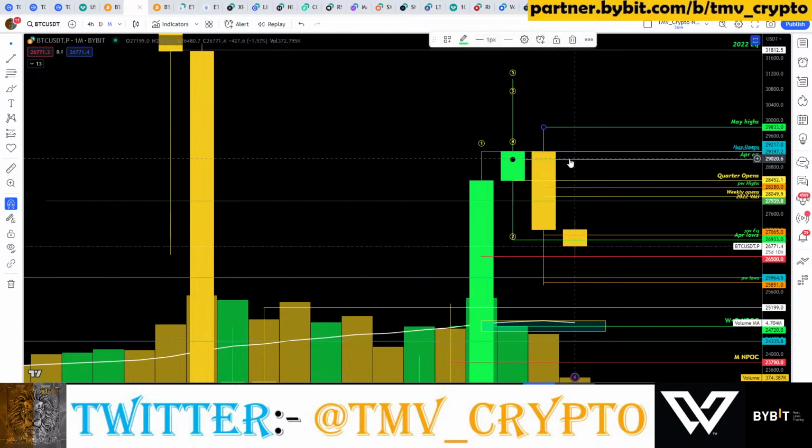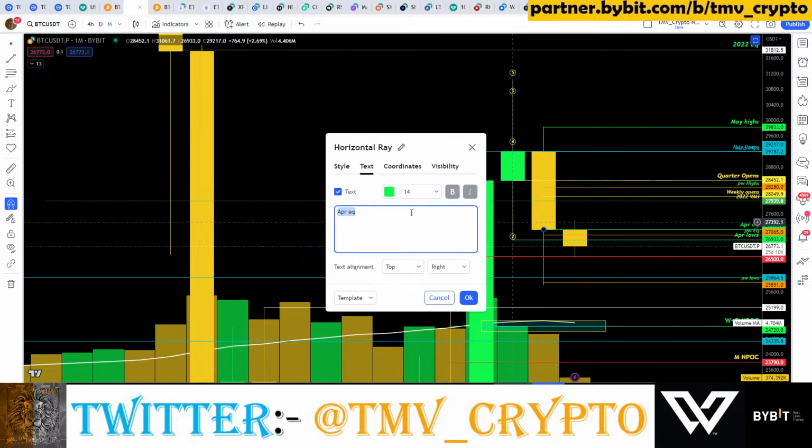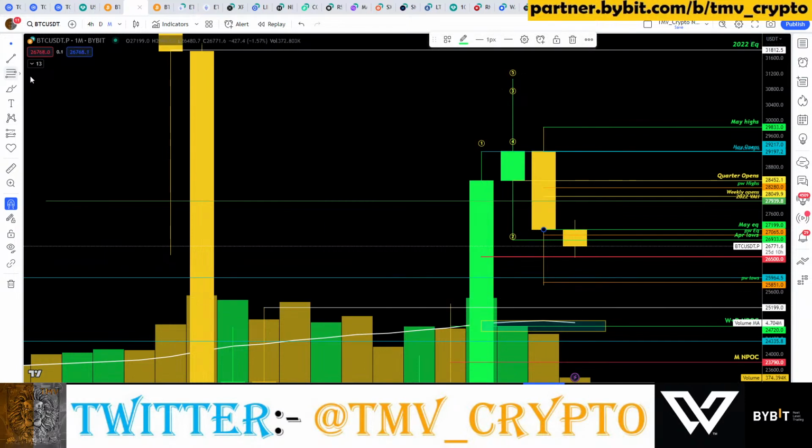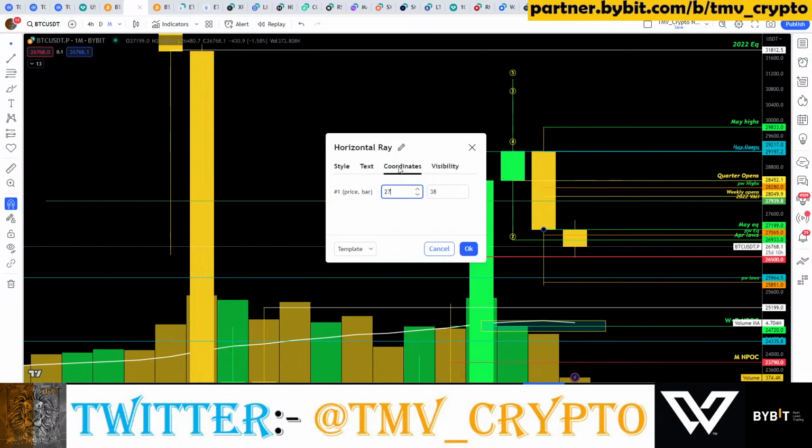And we're going to set the May EQ as well. But what about the level of the EQ, guys? The EQ level would be 27,798.5. EQ is nothing but your 0.5 Fibonacci level, for those who don't know it.